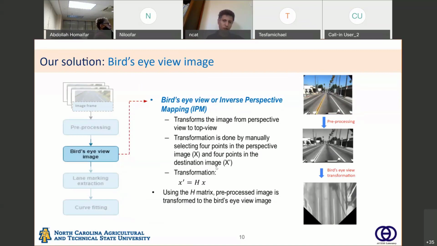Or we have to find like 4 different points on the image so that we can generate the transformation matrix from the perspective view to the bird's eye view.